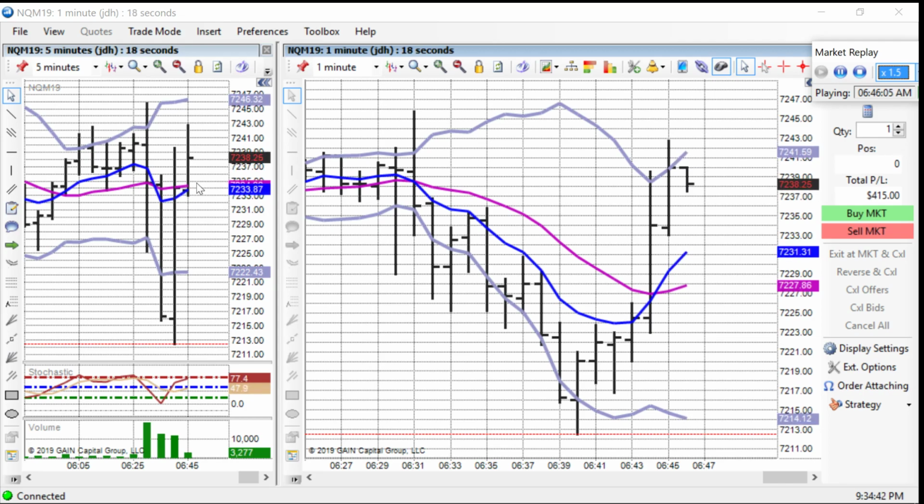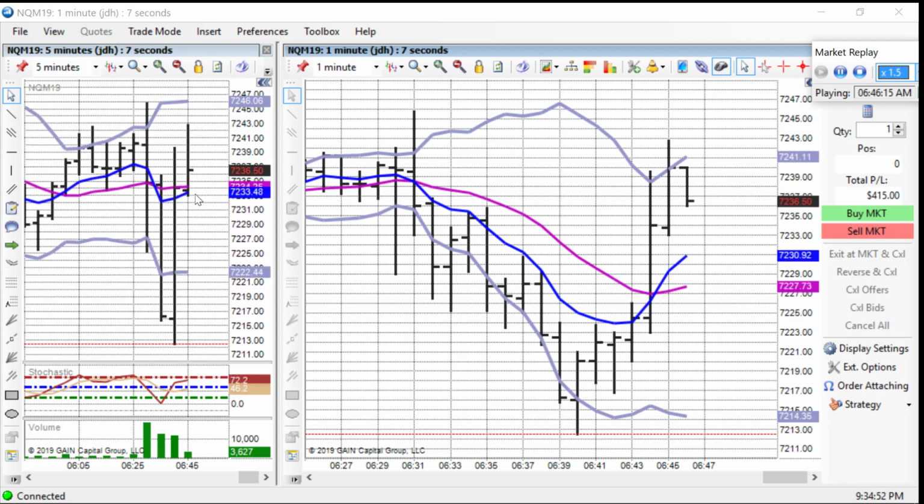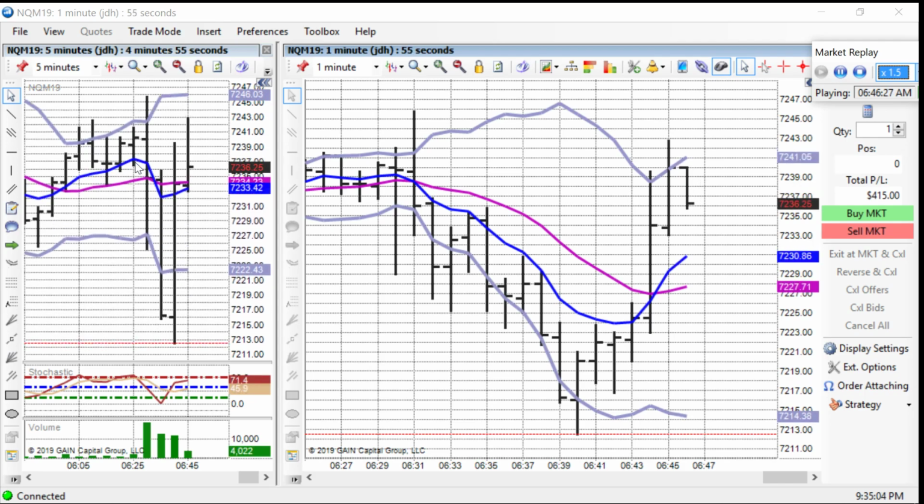But I might as well add that in there, because I want to show where I'm trying to go with this. As far as I know, it's fairly unique. I'm the only one I know that uses this technique, using the 5-minute chart and the 1-minute chart side by side. Other traders may do it, but I just haven't heard of anybody write about it or talk about it.